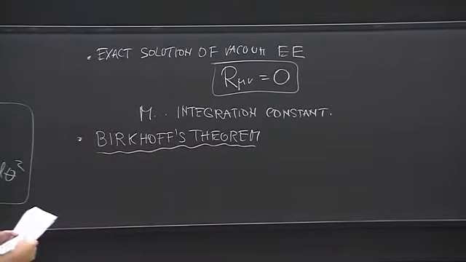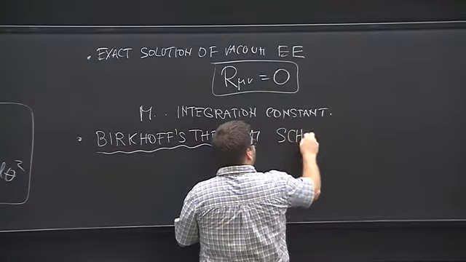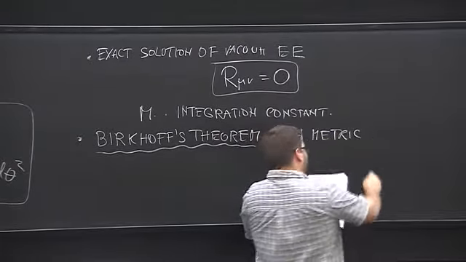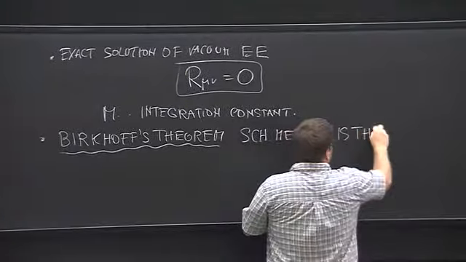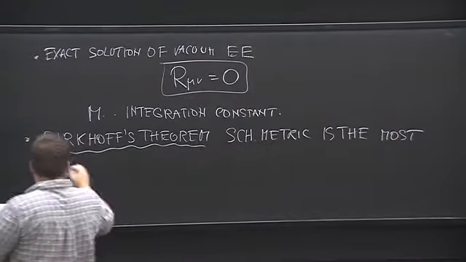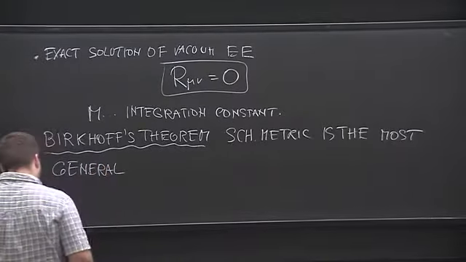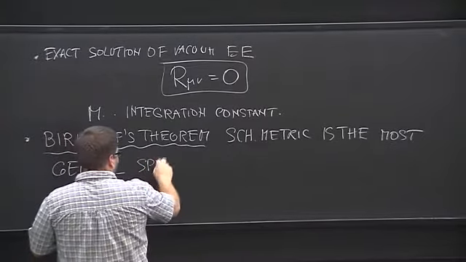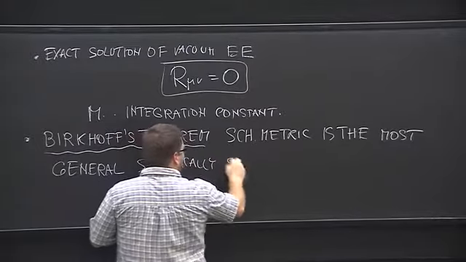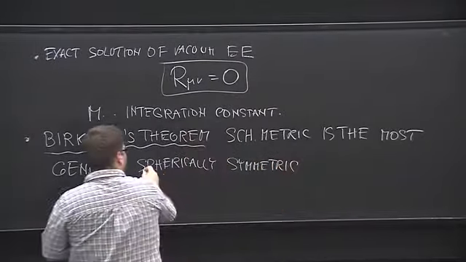Birkhoff's theorem says that the Schwarzschild metric is the most general spherically symmetric solution of vacuum Einstein equations. So this is important.